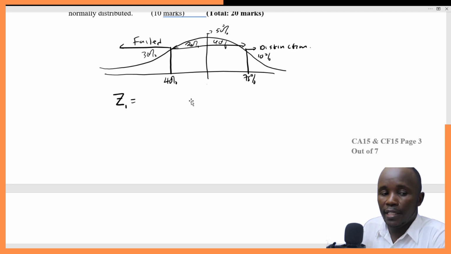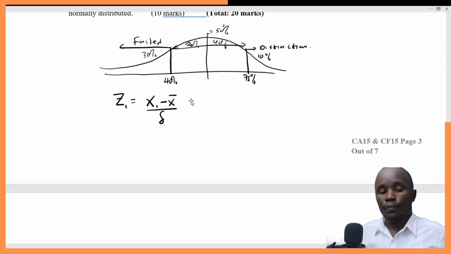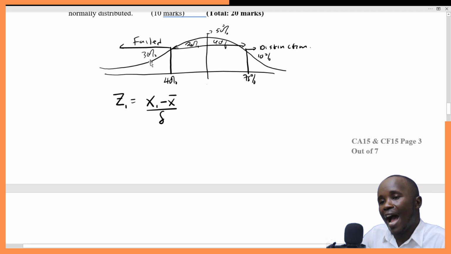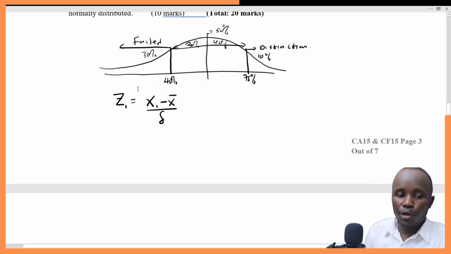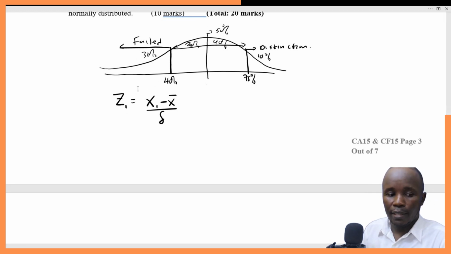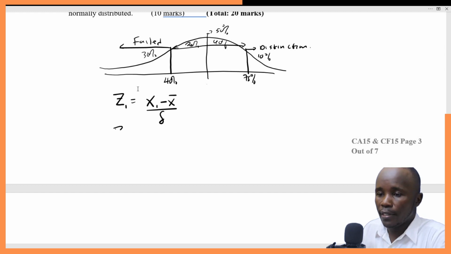Z is given as X1 minus mean divided by standard deviation. You read X at 30%, which means you read 0.3 on the Z tables and you will find the value of Z. When you do this, you are going to find that Z1 is negative 0.53.